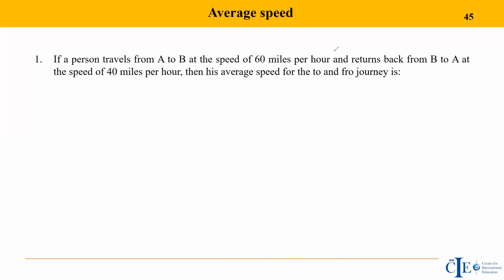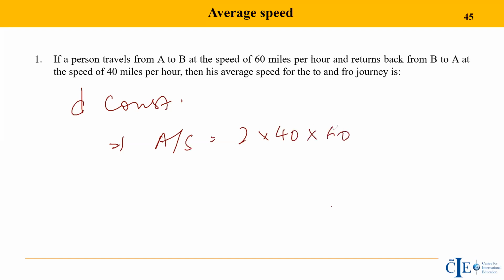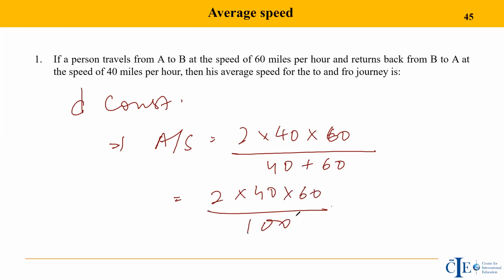Right. So this is the case where D is constant. Therefore, the average speed in this case would work out to be 2 into x, which is 40, into y, 60, the whole divided by 40 plus 60, which is 100. So 2 into 40 into 60 on 100. The zeros go, and this is 24 into 2, 48.